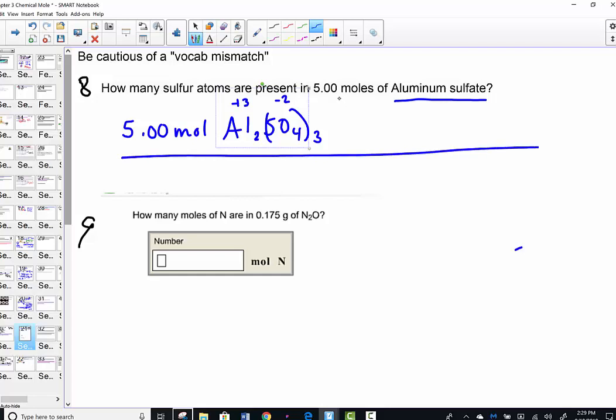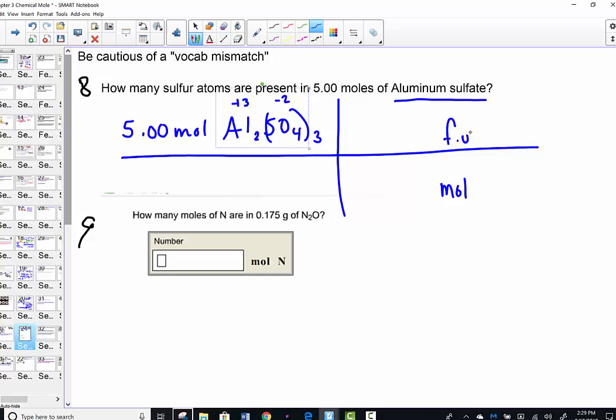My first conversion factor needs to cancel the mole and bring me to the individual particles of this compound. Is this compound an element? Makes no sense. Is it a molecule or is it a formula unit? What type of particle is this salt? Perfect.